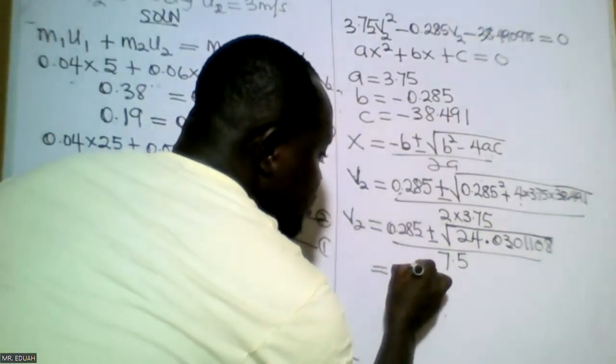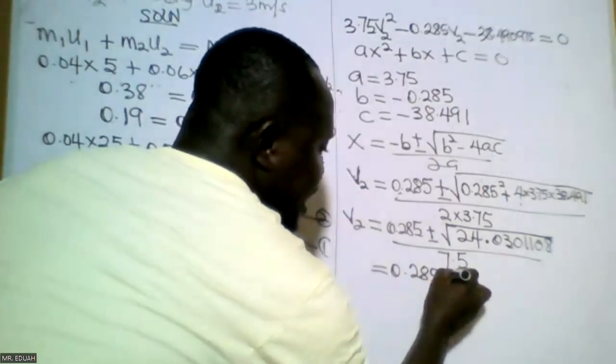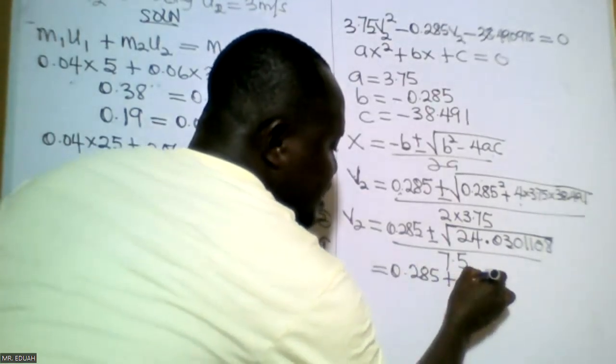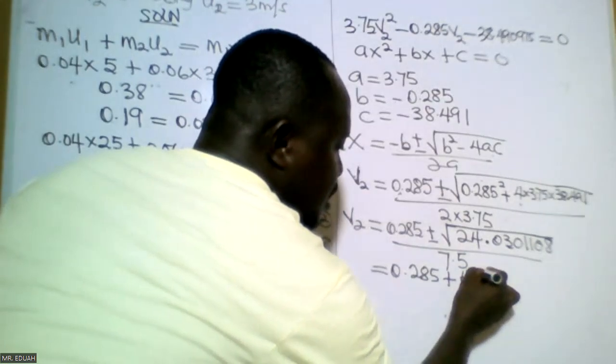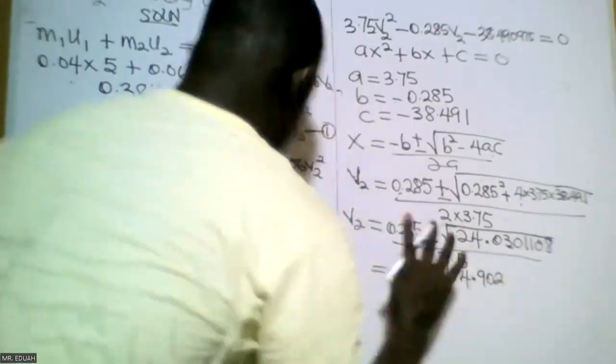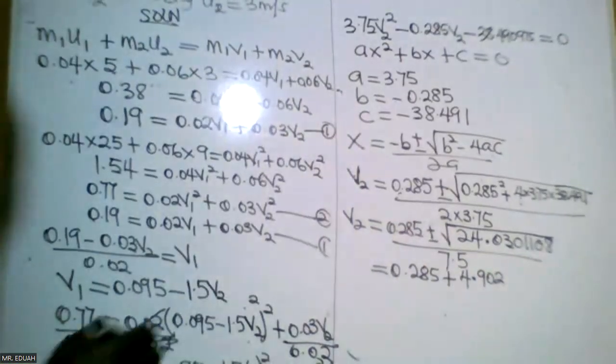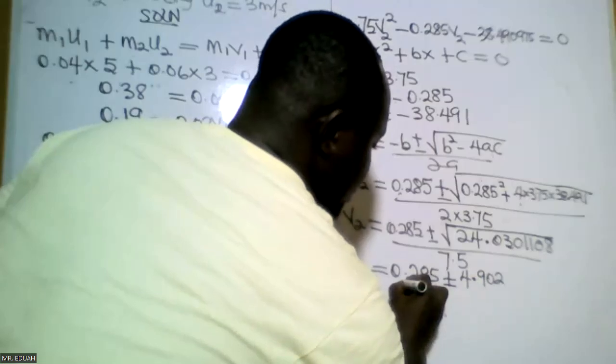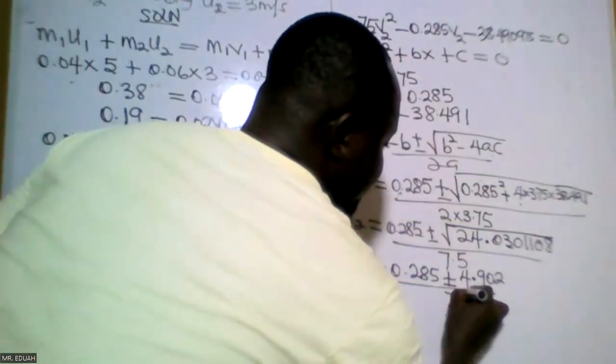So 0.285 plus 4.902, let's leave it in 3 dp, divided by 7.5.